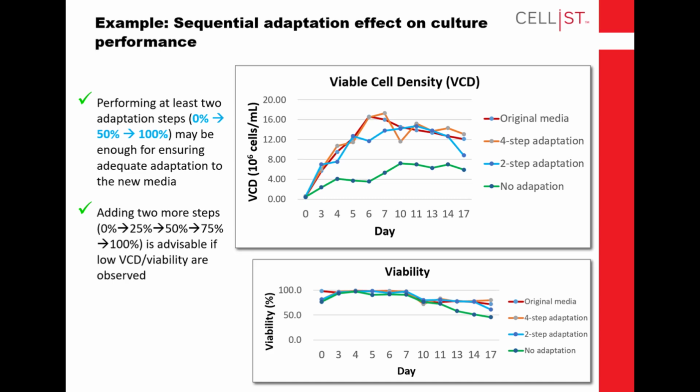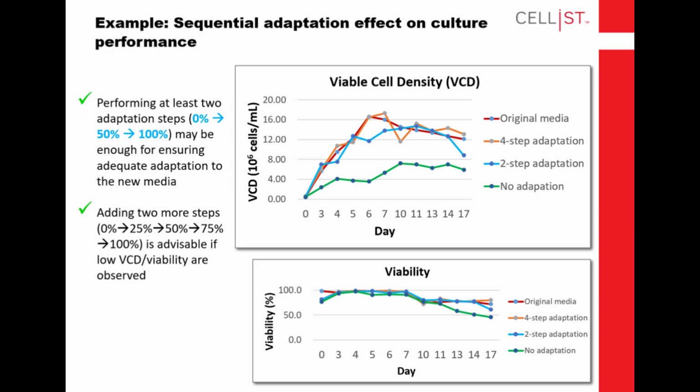But if you look at the blue line that shows a 2-step adaptation performed prior to the main culture, you can see that only 2 passages of adaptation prior to the beginning of the main culture already make the VCD profile almost match that of the original media. So they were enough to really ensure that the cells were growing well in the target media.